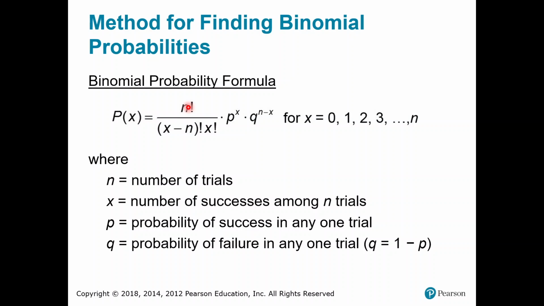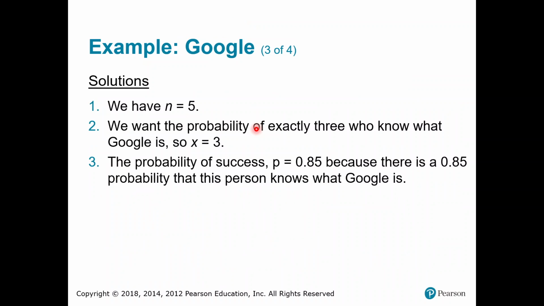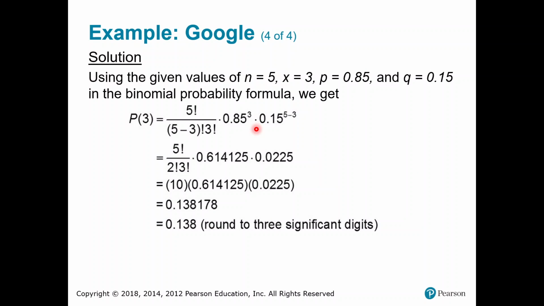N is 5, X is 3, P is 0.85, and Q is 0.15. And so when we plug it into the equation, we now have P of 3 equal 0.138.